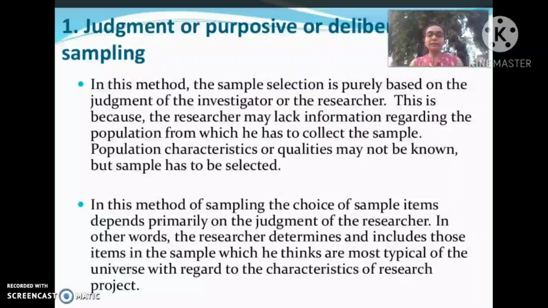In this method of sampling, the choice of sample items depends preliminarily on the judgment of the researcher. In other words, the researcher determines and includes those items in the sample which he thinks are most typical of the universe with regard to the characteristics of the research project.